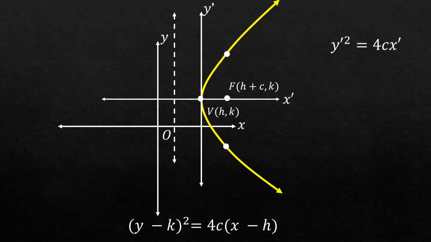The axis of the parabola is on the line y - k equals 0, or y is equal to k. The length of the latus rectum is equal to the absolute value of 4c, and hence the endpoints can be easily located.